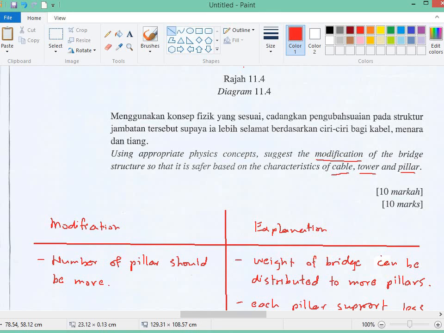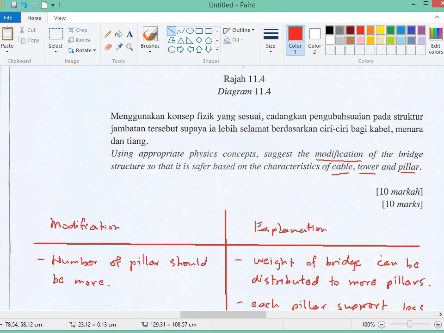And don't worry about whether it's right or wrong. If wrong, they won't deduct marks. They will just look at the correct ones and give you marks for the correct ones. Okay, understand or not? So, for example, for the pillar, you can say more pillars, thicker pillars or larger diameter pillars, pillars made from concrete.